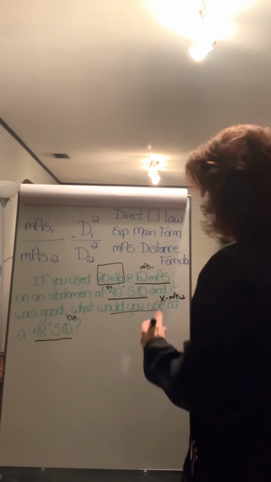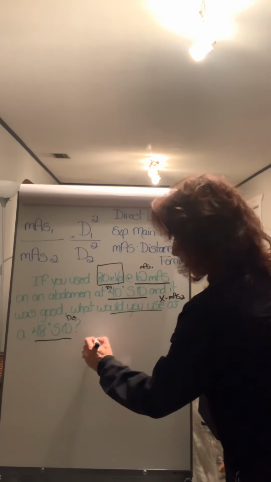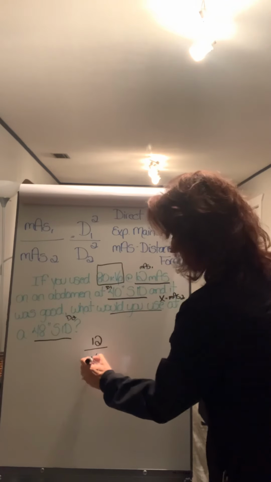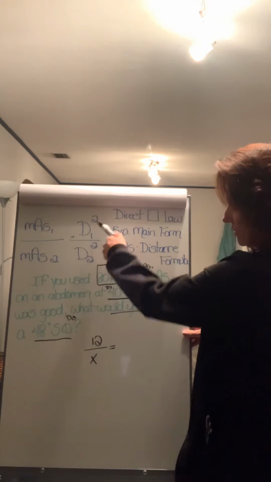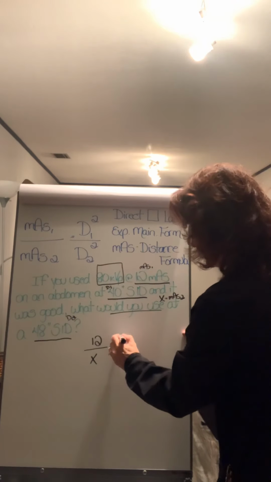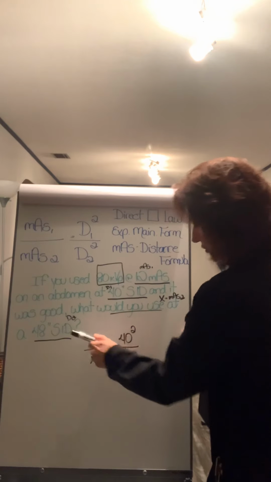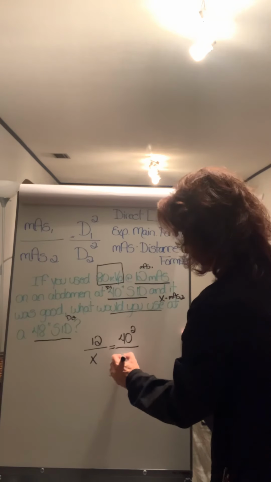So if we set this up, mass 1 is 12 over X equals D1 squared, which is 40, so 40 squared, over D2 squared, which is 48.